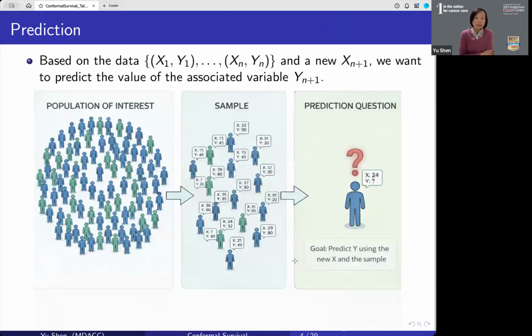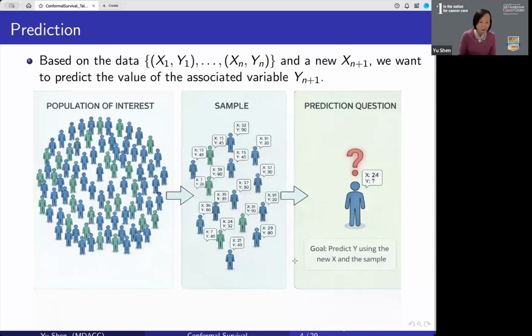Over the last 20 years, most of my research, even collaborative research, has mainly focused on association studies. Given the observed data, covariates and outcomes, we try to build a model to explore the association between baseline covariates or treatment and survival time. But prediction is a different topic.